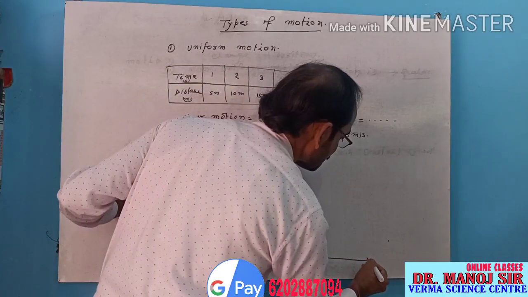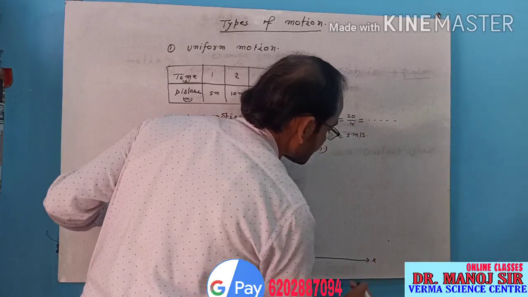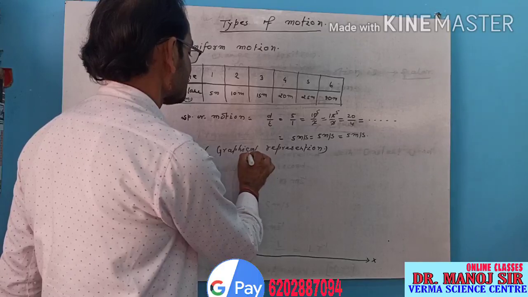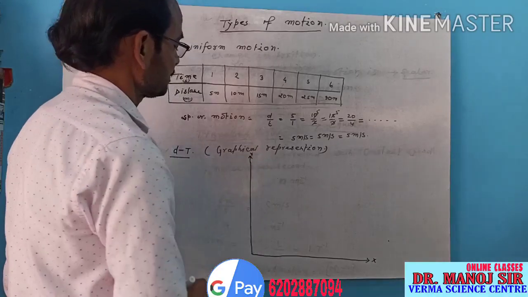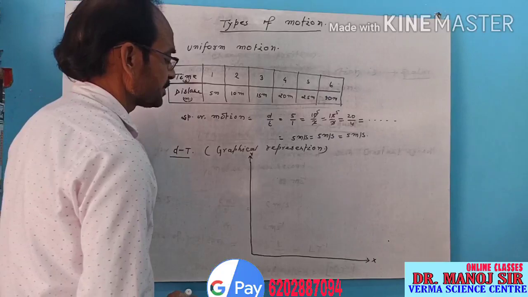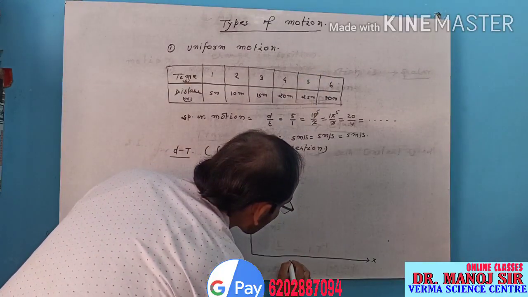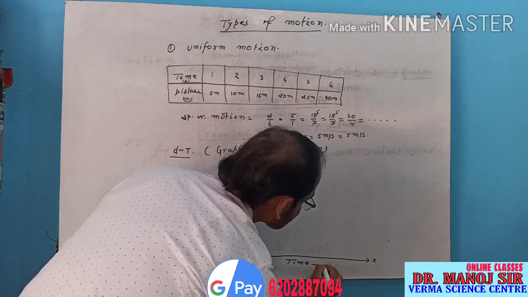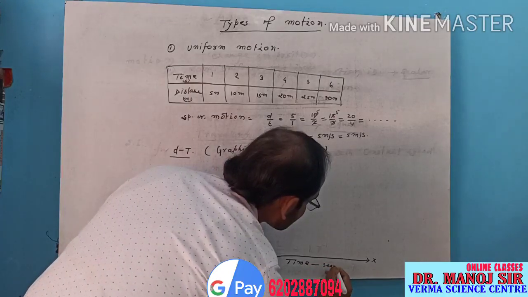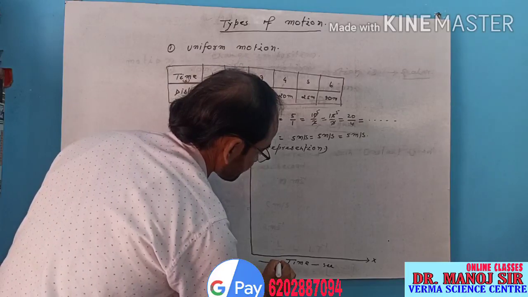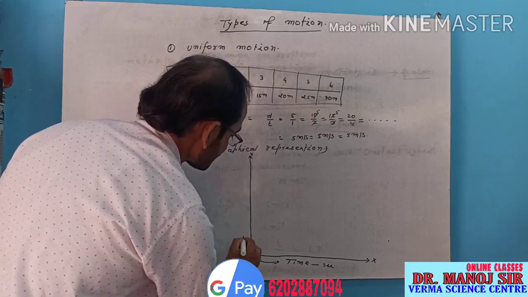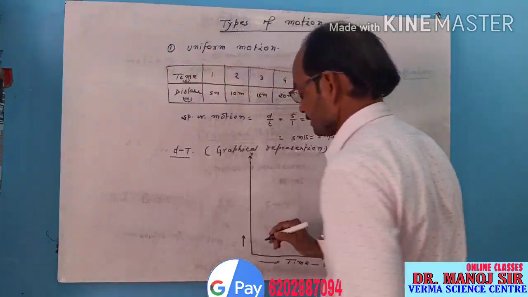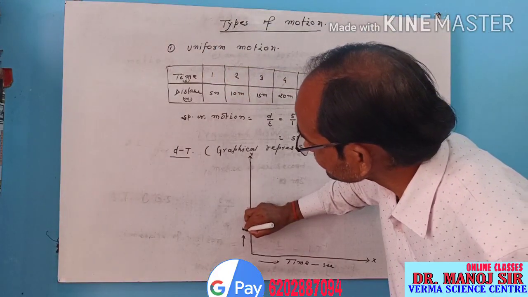So we indicate horizontal axis x and vertical axis y. This is time in second, and this is distance in meter.